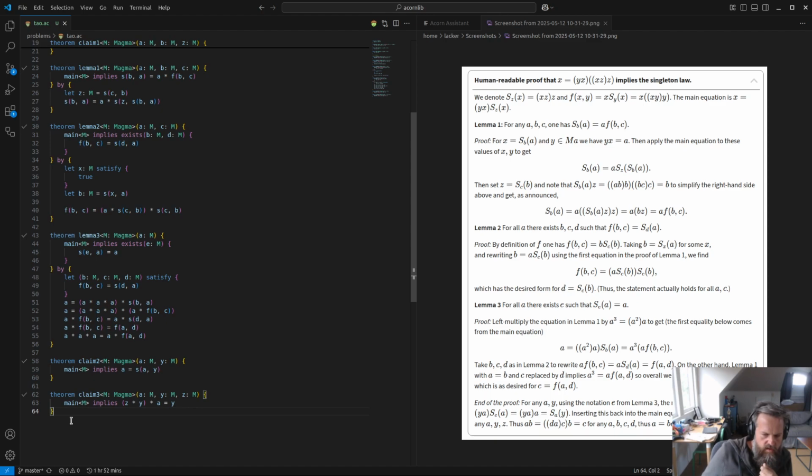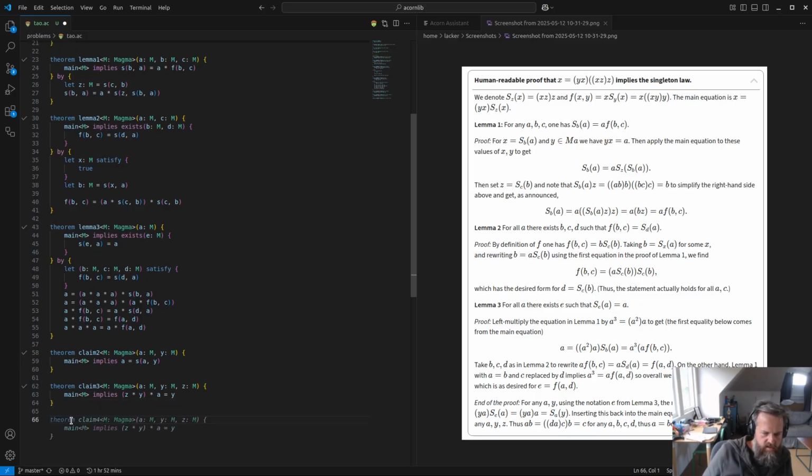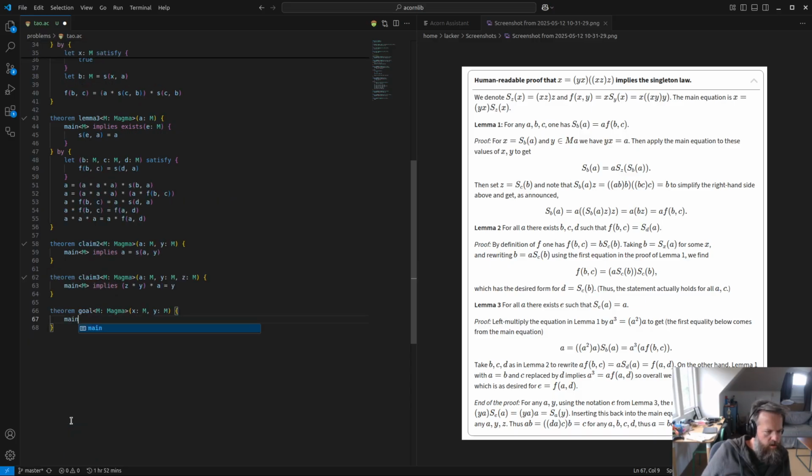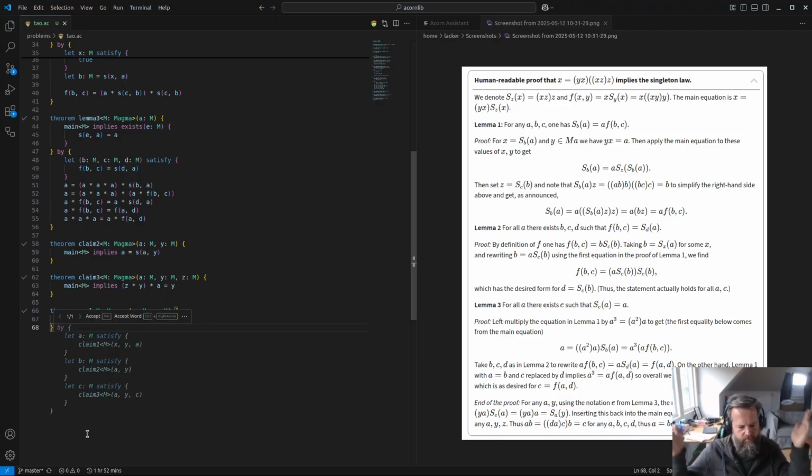Thus, the conclusion here is that the ultimate goal is to prove that this whole thing has to be a singleton, i.e. there's only one element. So X, Y, M implies X equals Y. And then, yeah. All right, here we are.